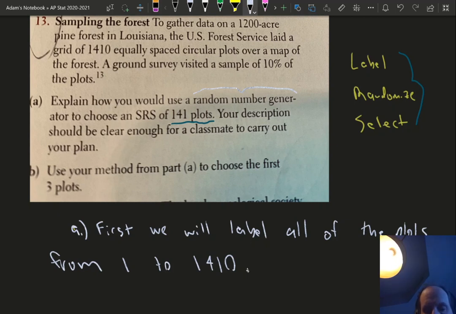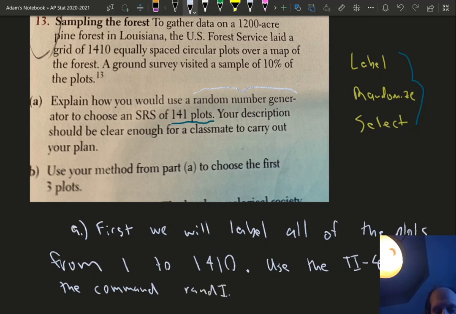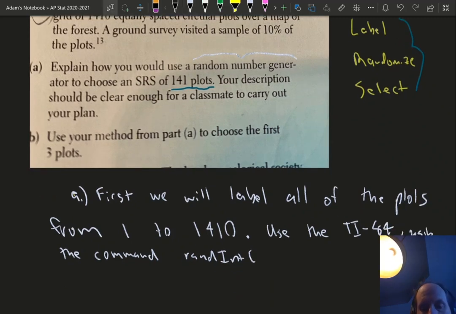Okay. Now, next, we're going to use our TI-84, and we're going to use the command, which I'll show you in a second. It's going to be randInt.